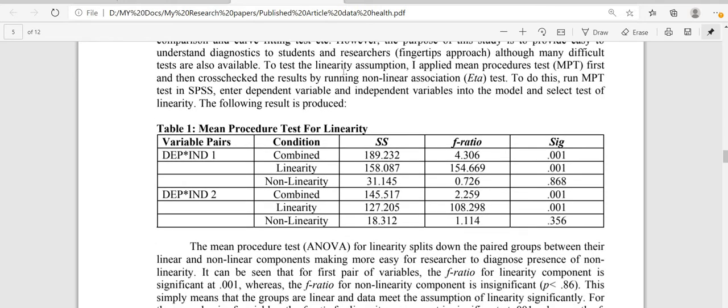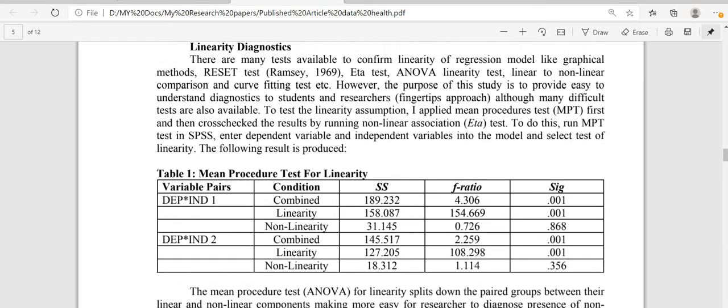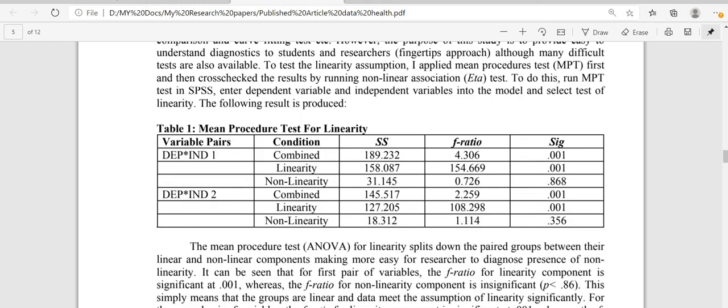When you run this means procedure test, it's in fact the ANOVA mean comparison test in SPSS. Here you can see that you will get variable pairs in the result of the means procedure test, dependent variable and independent variable 1. For this pair, the combined sum of squares is 189.232, F ratio is 4.306, and significance level is 0.001.